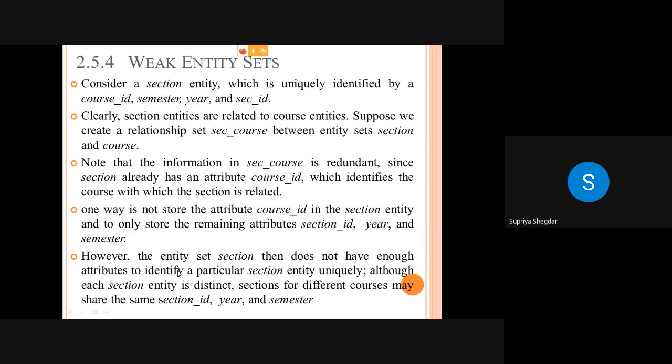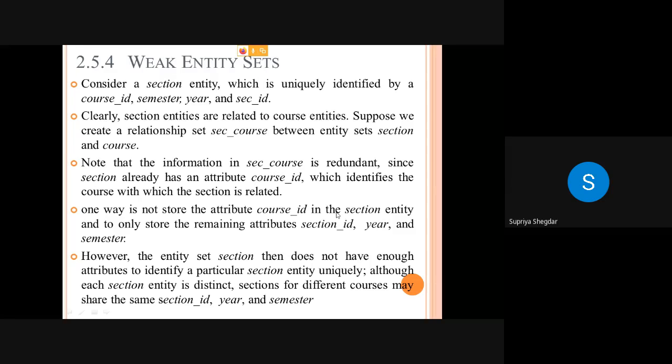So one way to reduce this redundancy is to not store the attribute course ID in the section entity, and to store only the remaining attributes: section ID, year, and semester.